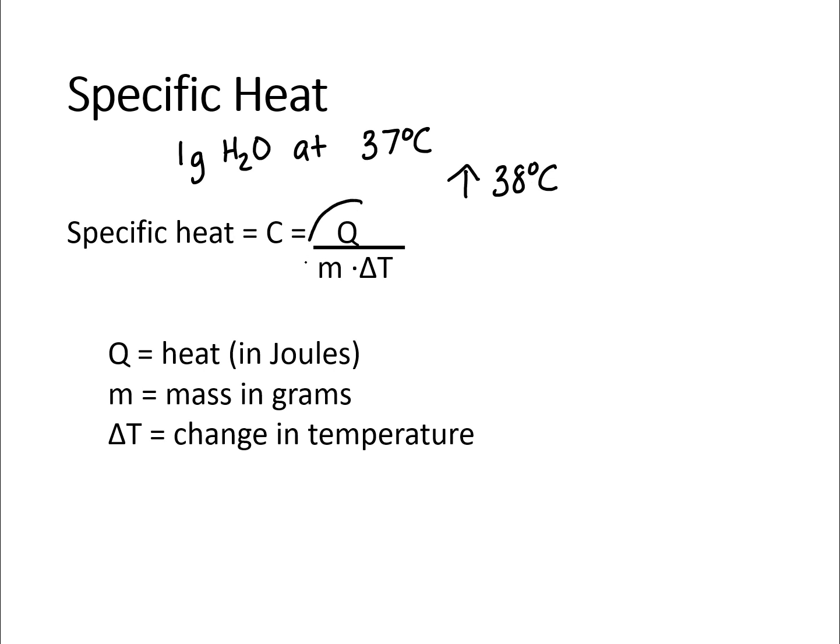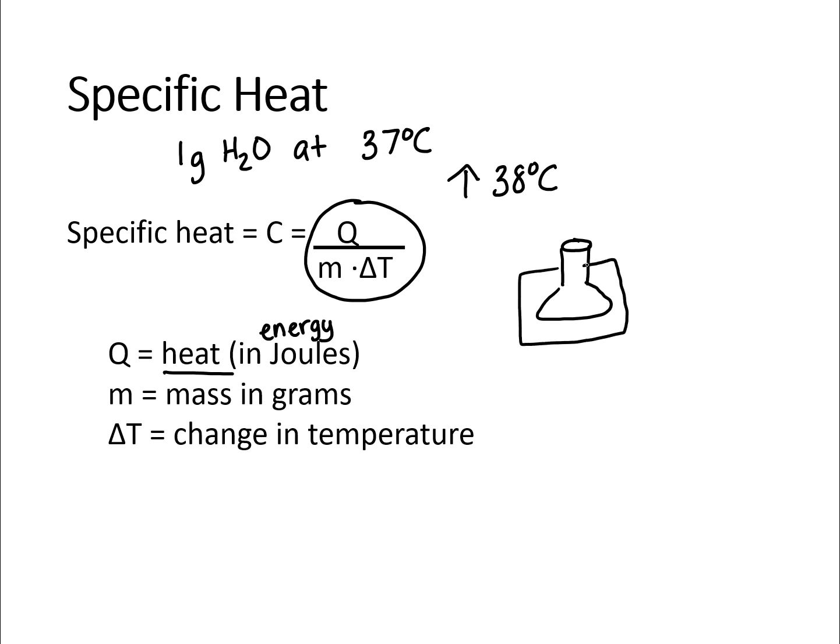You can calculate the specific heat of any substance if you have 3 things. 1, you have the amount of heat, which is just energy. And the SI unit for energy is joules. You also need to know a mass. So oftentimes, the question will say something about, you have a flask and it's sitting in water.